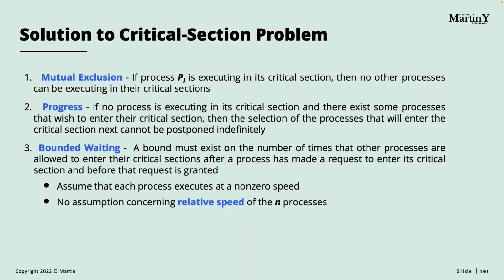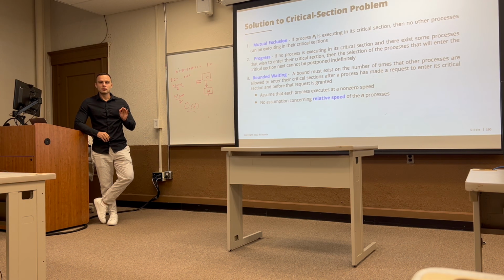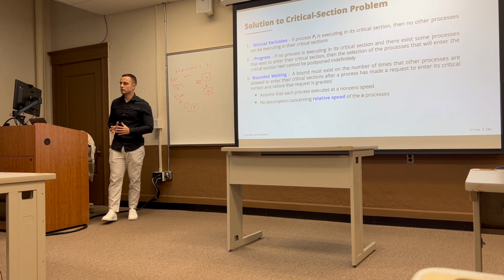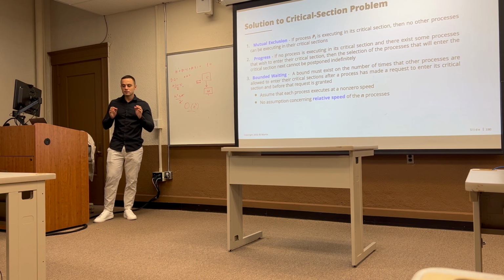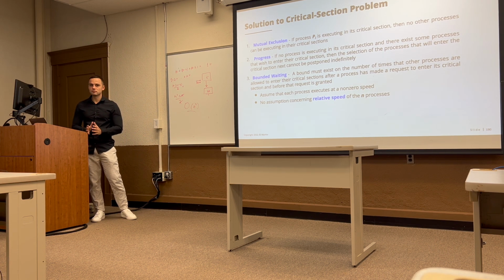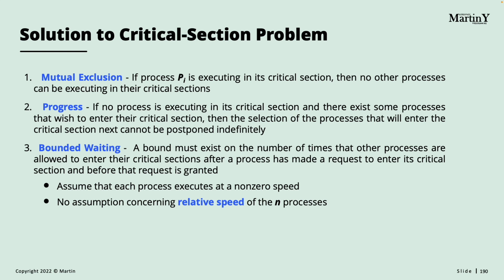Now, when we are working with critical sections, we need to follow some rules. How do we decide if an algorithm that gives processes the ability to share a memory location is good? How do we make sure that the synchronization between the processes is good and that we don't write in the same memory at the same time?